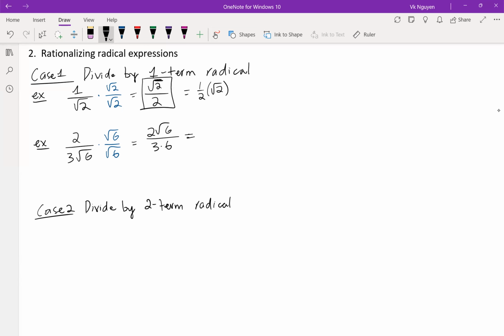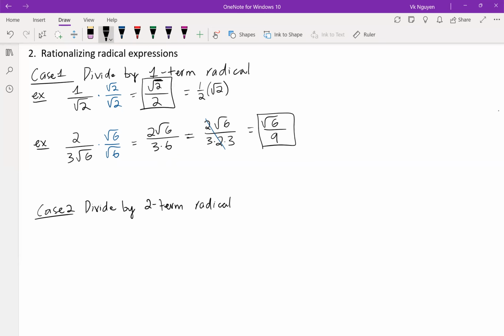And then we can rewrite 6 as 2 times 3. So 2 root 6 over 3 times 2 times 3. Cancel out a common factor. And we have root 6 over 9. Yay! Denominator is an integer.